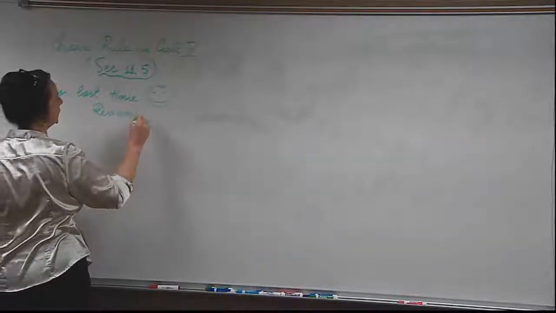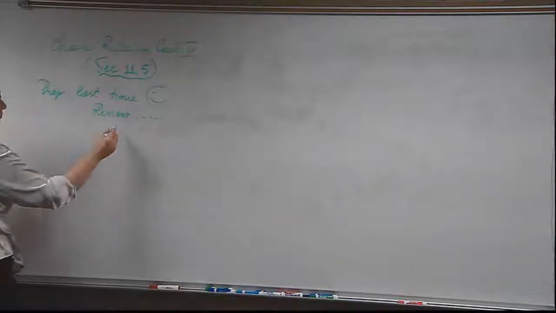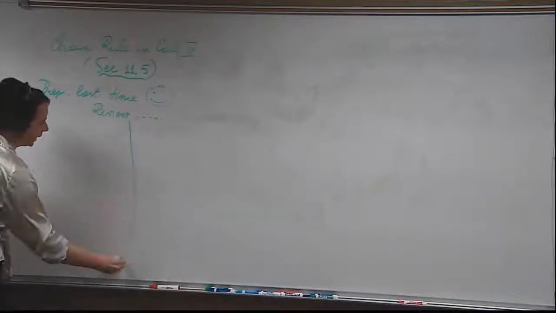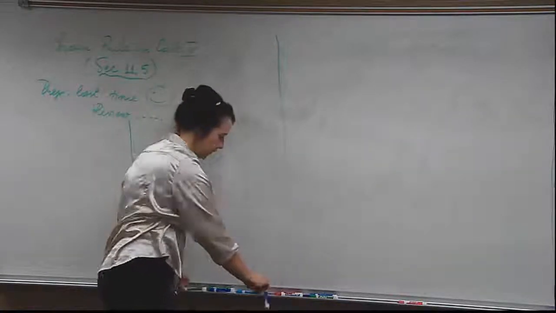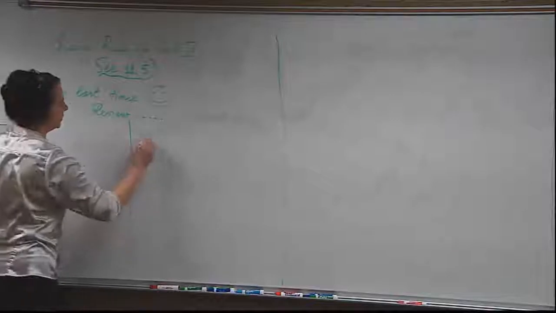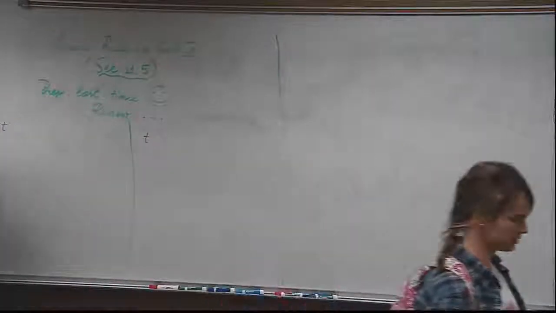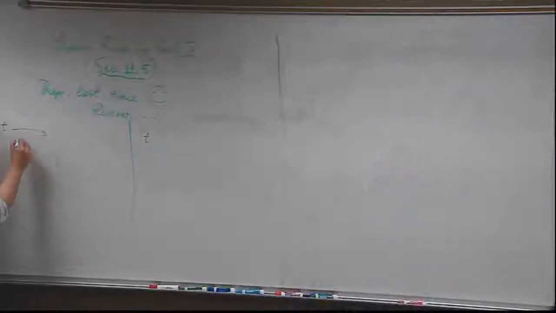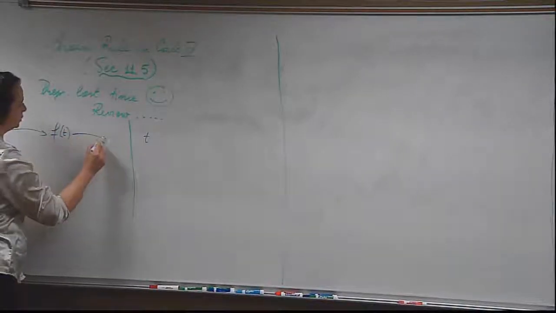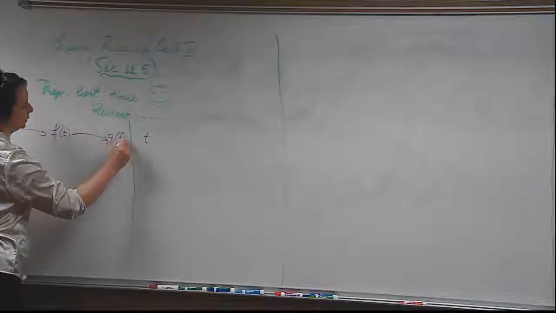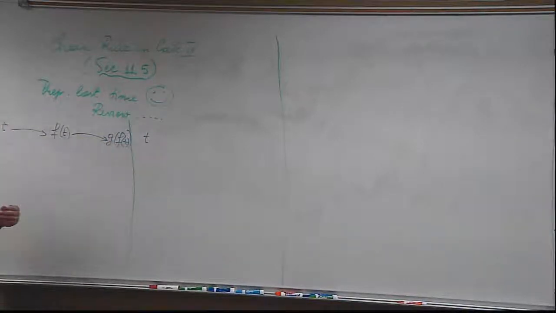Let's see what we discussed. I'm going to split the board into two, and I'll say, can we review the notions of chain rule when you start with a variable, which let's say is time. Time going to f of t, which goes into g of f of t by something called composition.